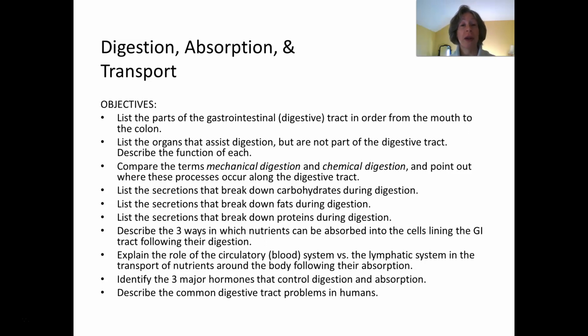And then don't forget about the gut bacteria. They do play a role in chemical digestion. They play many roles, but what is their major role in digestion, in maintaining health? They're certainly an important part of our digestive tract.